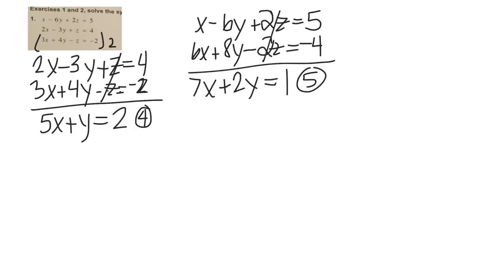Now I need to put equations 5 and 4 together, so I'm going to multiply equation 4 by negative 2. It won't let me put that negative in there, but I am multiplying by this negative. So that's negative 10x minus 2y equals negative 4.